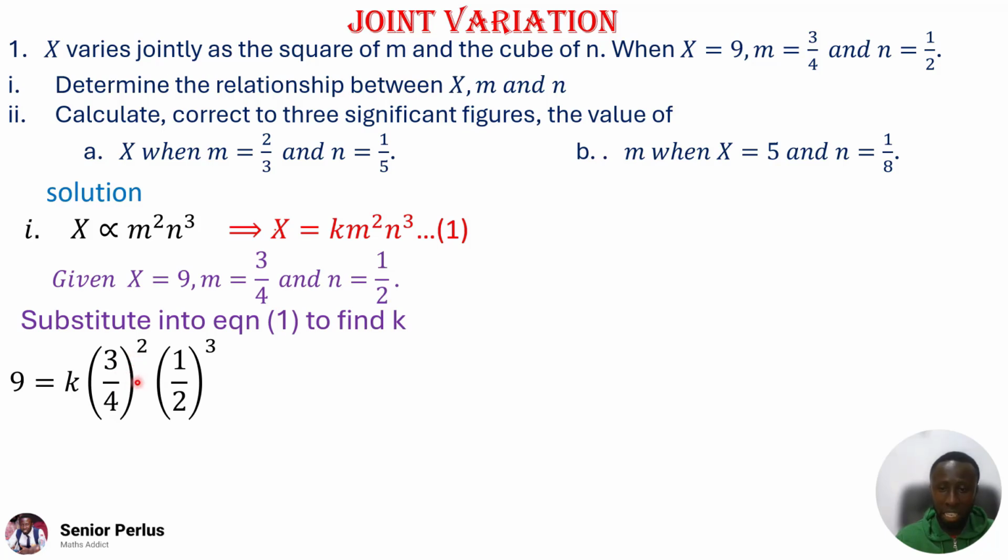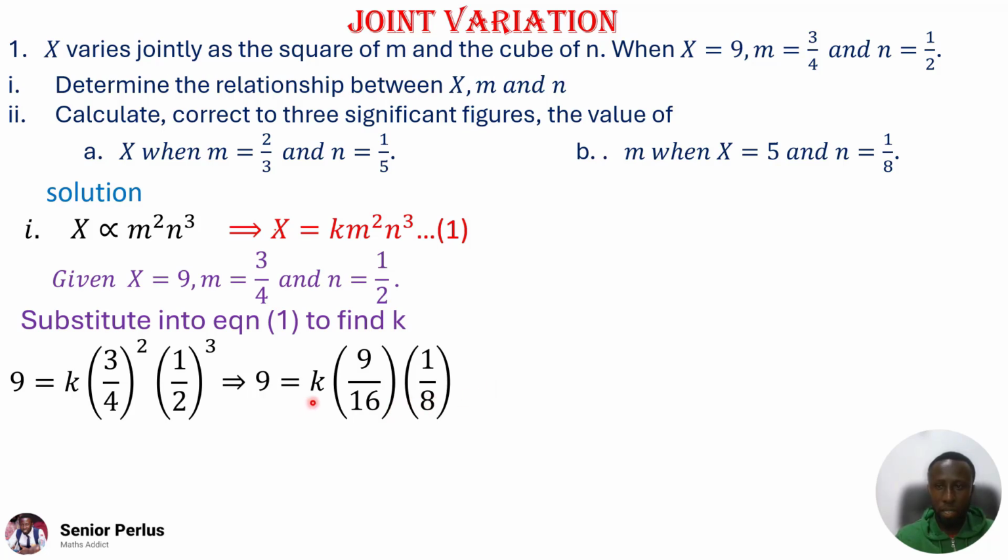If you have not watched the indices video, go back and watch it, please. So you square here and square here, and cube here and cube here. You get 9 equals K times, the square of 3 is 9, the square of 4 is 16, the cube of 1 is still 1, the cube of 2 is 8.